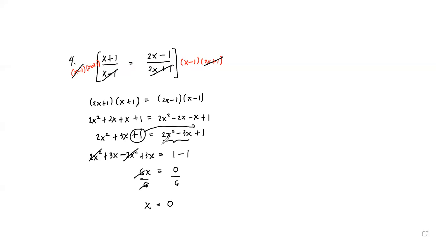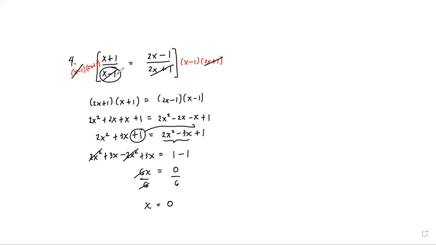However, when we solve equations containing denominators with variables, we should first check if the resulting value will make the denominators 0. So the denominator here is x - 1. If you substitute 0 here, 0 minus 1 is negative 1.